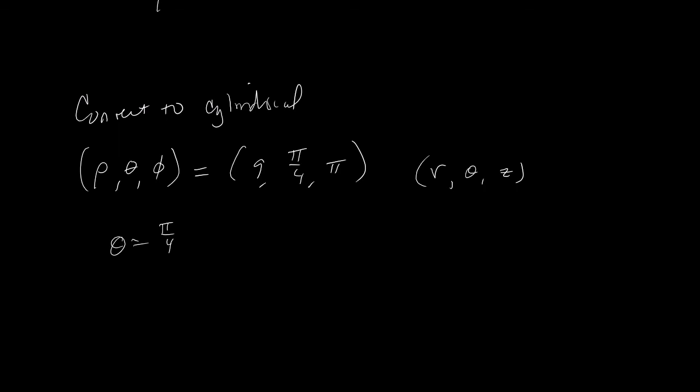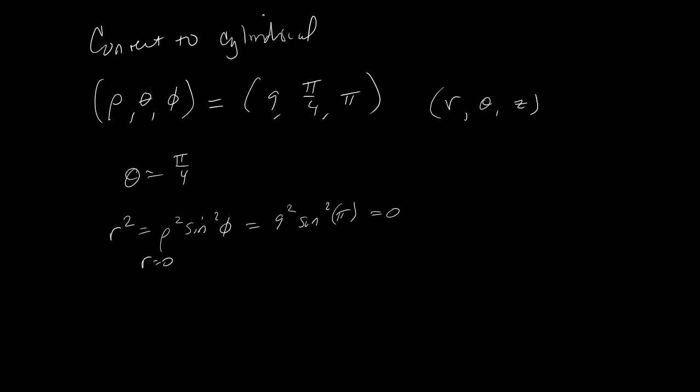Okay, and our formula for r is r squared is equal to rho squared sine squared phi. So plugging in those values, we get 9 squared times sine squared of pi. But of course, sine of pi is 0, so that's just 0, so r is 0.